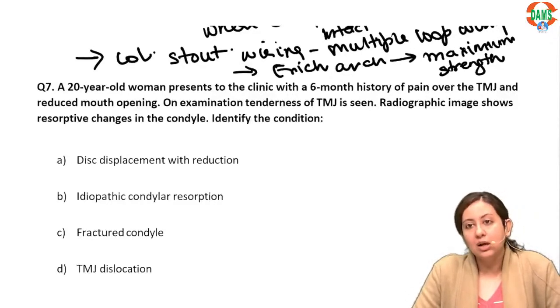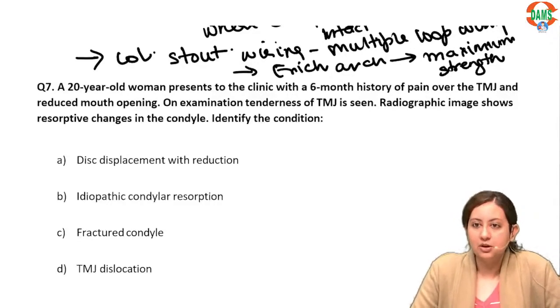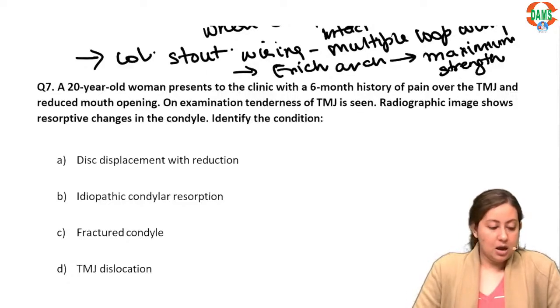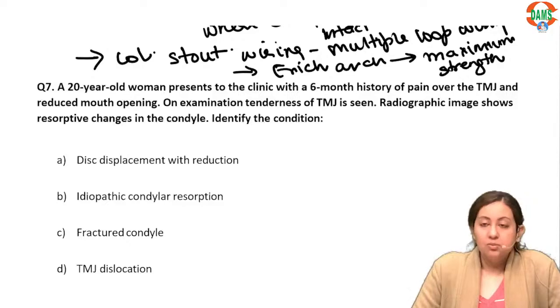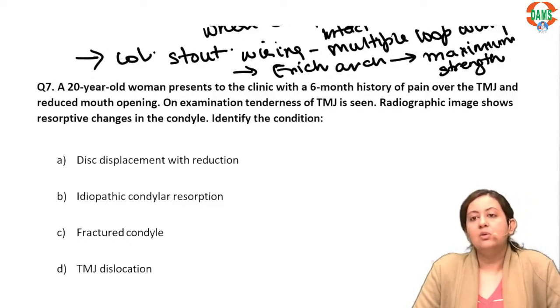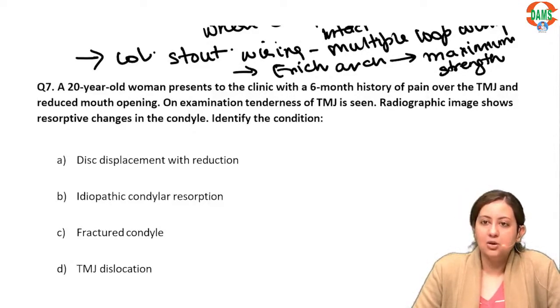But before marking this answer, we have two more options left and we have to see them as well. Option C is a fractured condyle. The question mentions a 6-month history of pain. A fractured condyle, if it is 6 months old, will first of all be malunited.